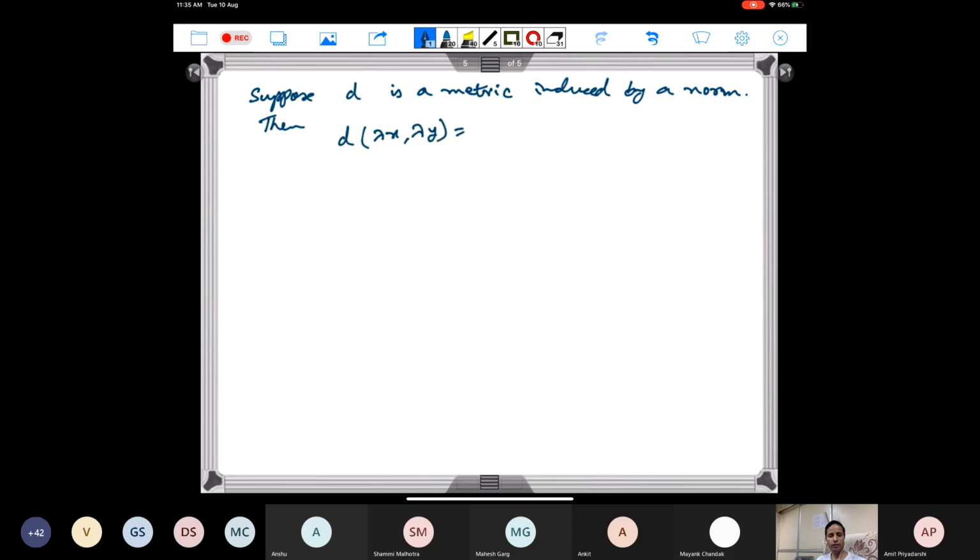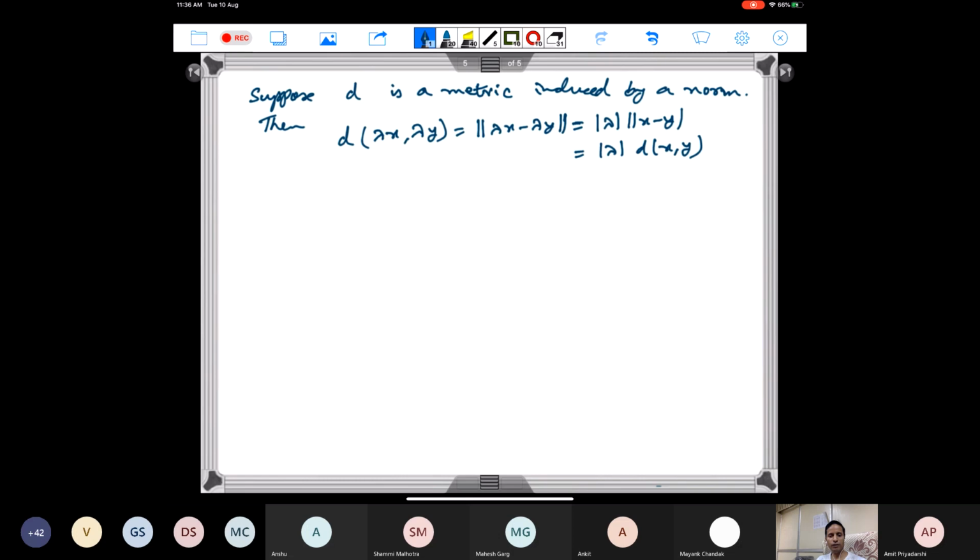This is norm of lambda x minus lambda y, because it is induced by a norm, and this we know by the property of norm is equal to mod lambda times norm of x minus y, which is equal to mod lambda times d of xy.